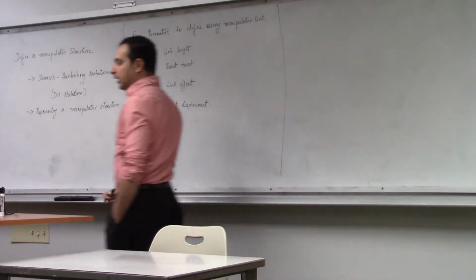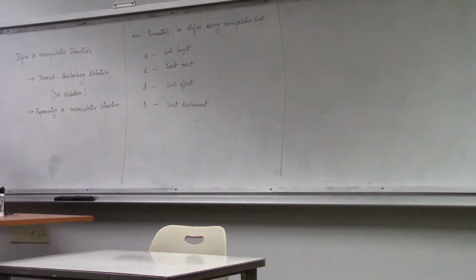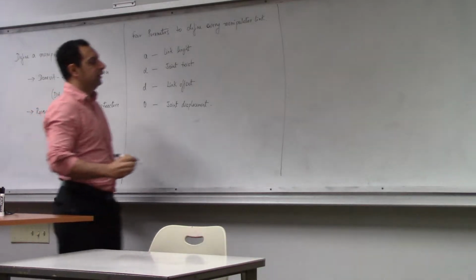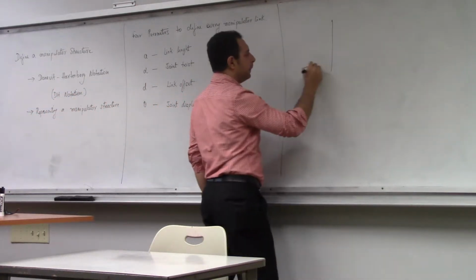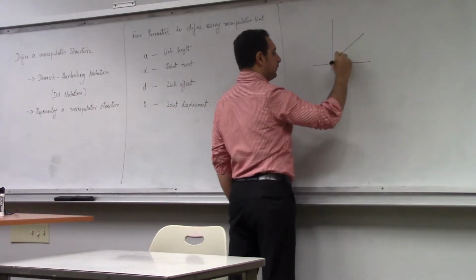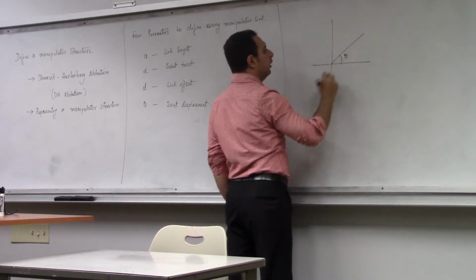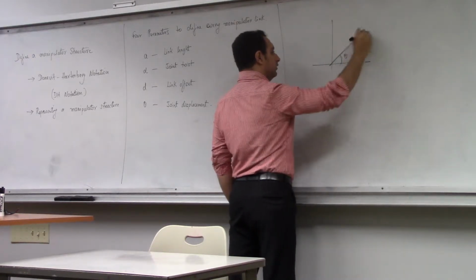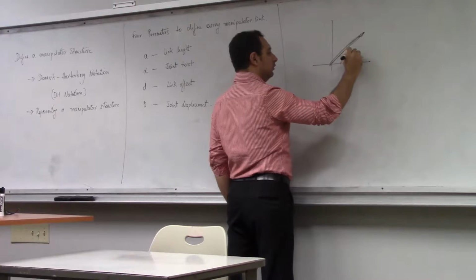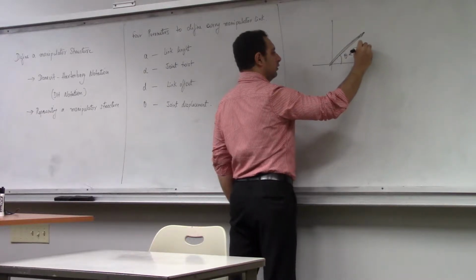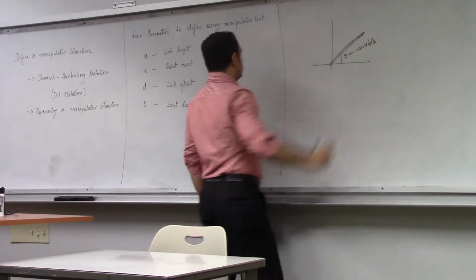Now let's say I have a revolute link. In the case of a revolute link, theta is variable.